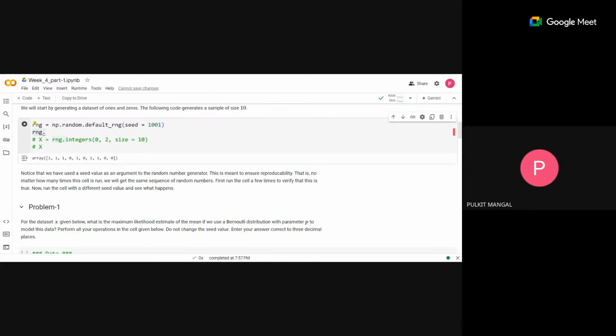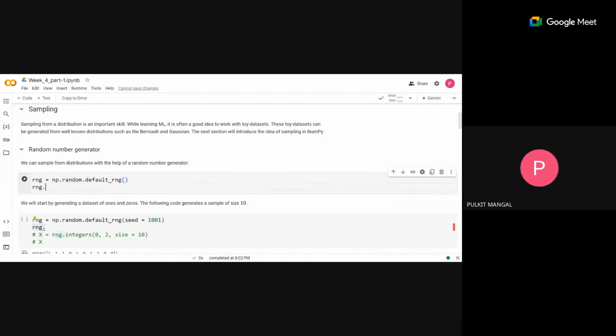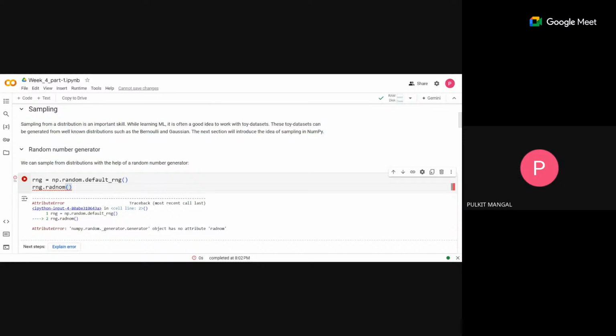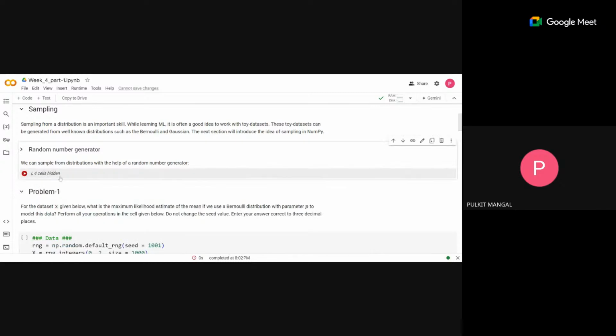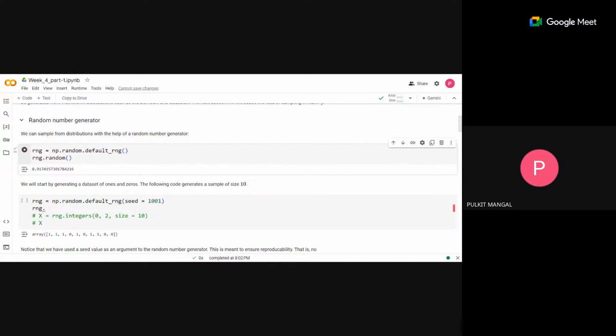While if you don't give the seed number, like in the previous cell where we have not given the seed value, and now if you do rng.random, it will give you this number, 0.917.